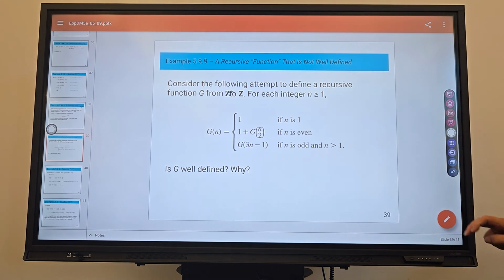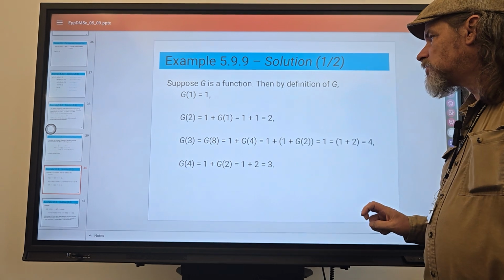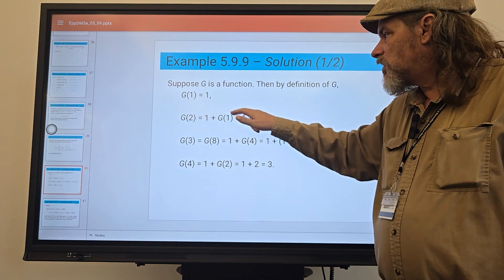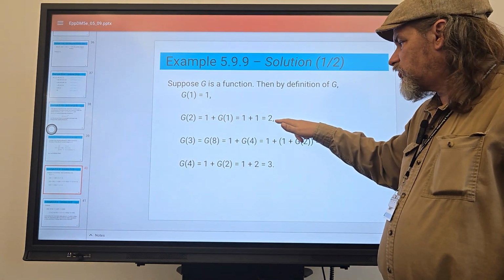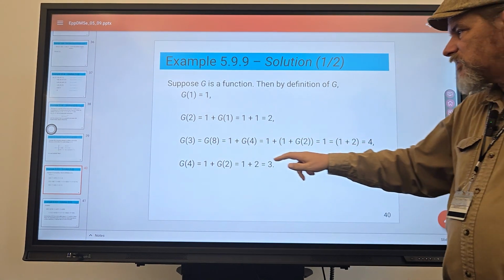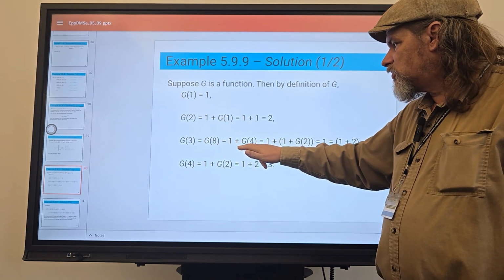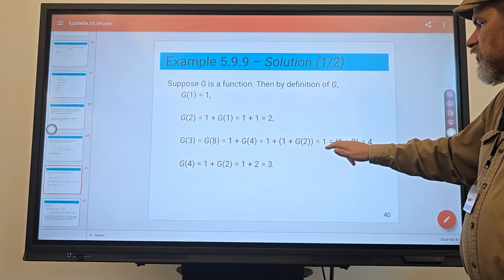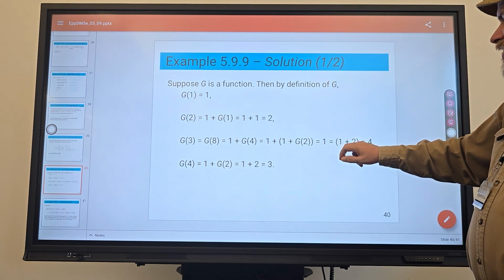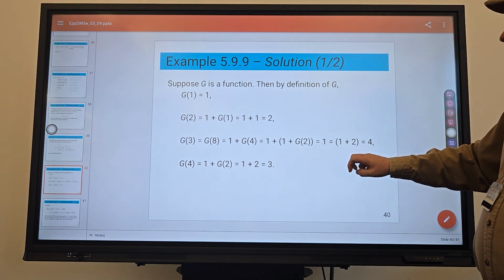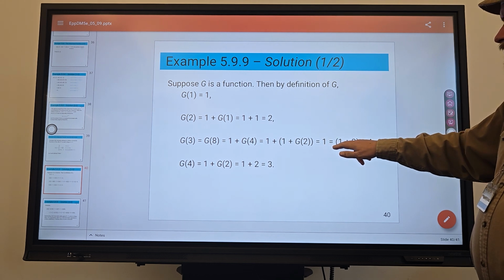Well, go through a few steps. Suppose G is a function. Then by definition of G, G of 1 is 1, G of 2, doing substitution, equals 2, G of 3 equals G of 3n minus 1, or G of 8, which is 1 plus G of 4, which is 1 plus G of 2, which equals 4.